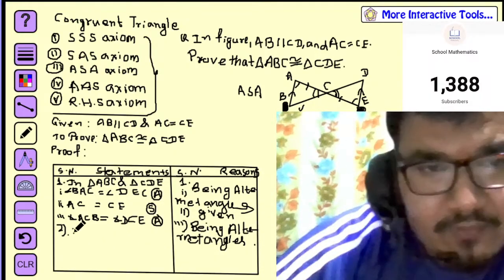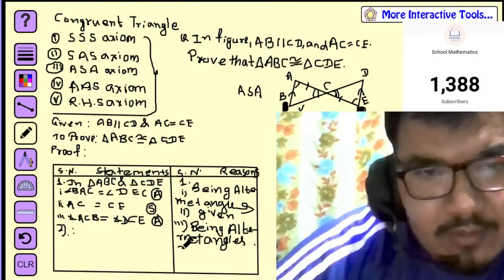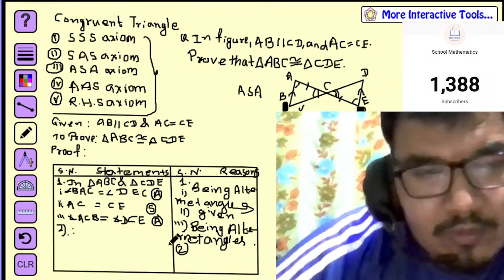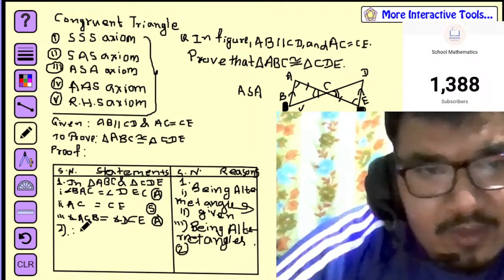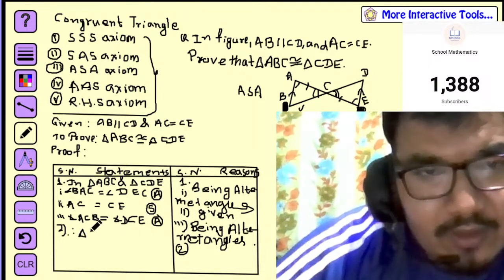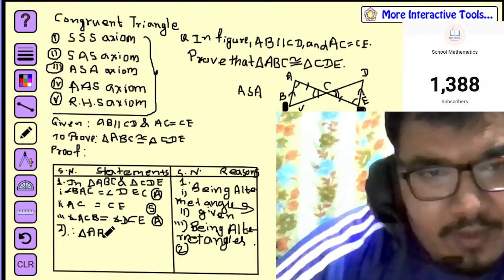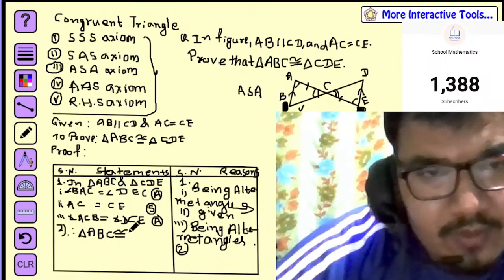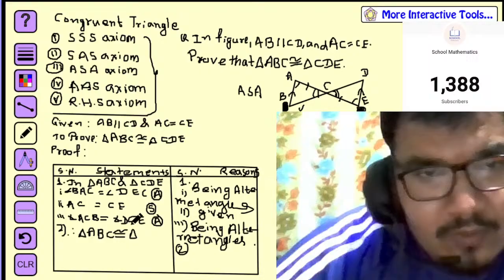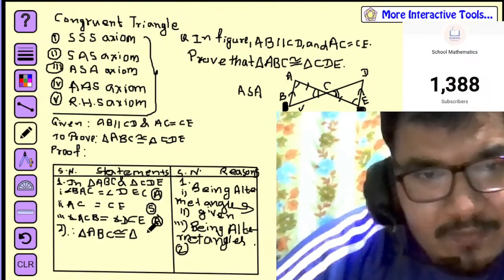Then the final is number four there. Which triangle had we taken? Look at triangle ABC is congruent to, we have to write, a congruent triangle. Which triangle have we taken?